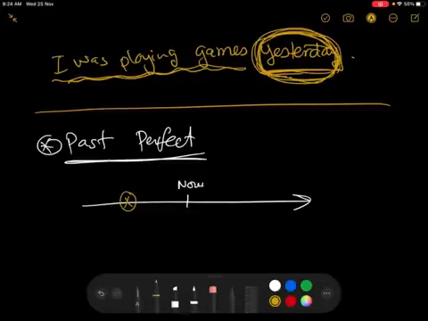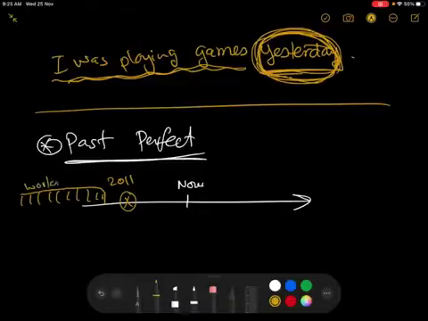For example, let's say 2011. So I want to express an action that finished before 2011. For example, this action may be working as a pharmacist.